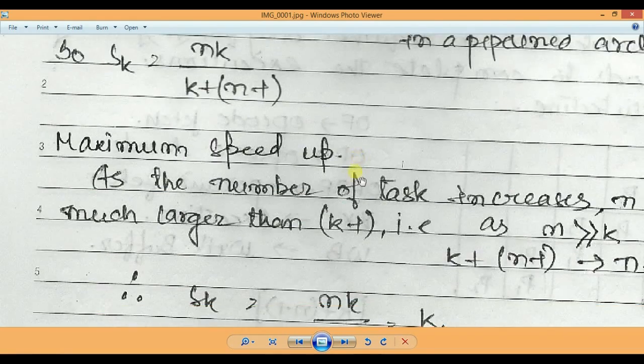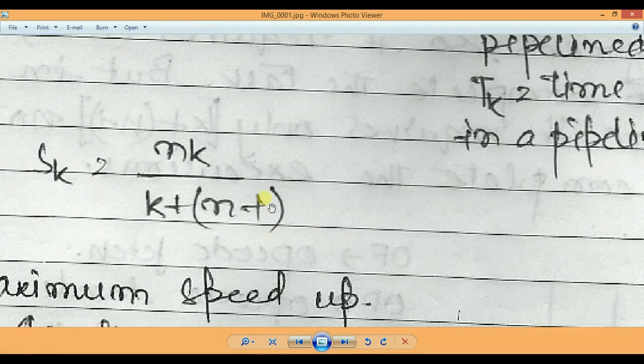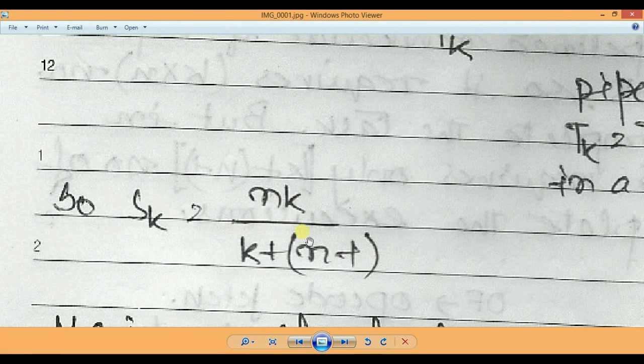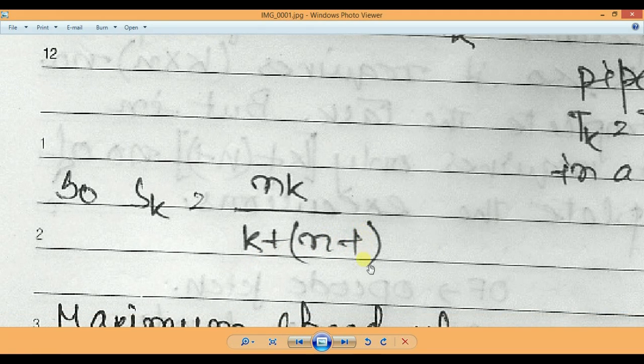That is speed up. Now observe this formula: nk divided by k plus n minus 1. When can we have the maximum speed up? When will Sk be maximum? Observe the denominator, k plus n minus 1. K is fixed, n, the number of instructions, is a variable, and minus 1 is a constant.